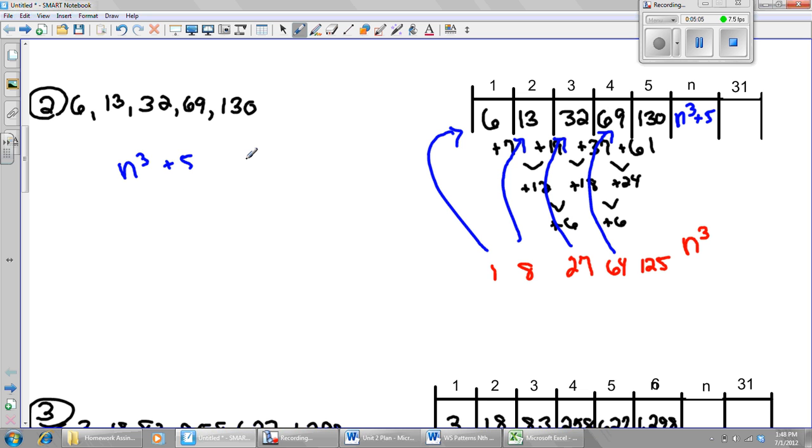This is a cubic. Then I have to cube 31 and add 5 to that. I'm not really good at cubing 31 in my head. I've got a lot of little number tricks, but that's not one of them. So the 31st term is 29,796.